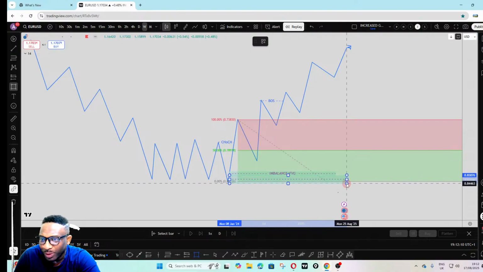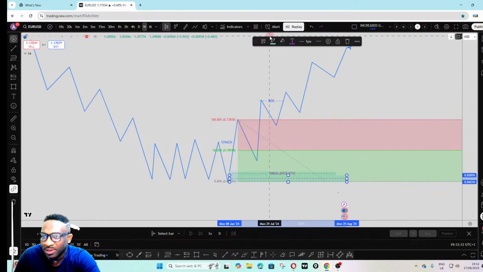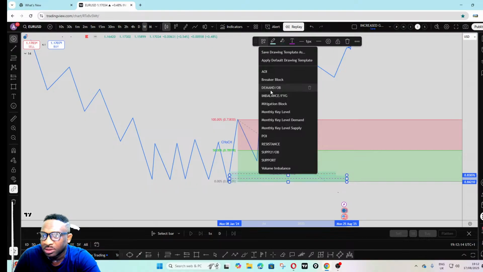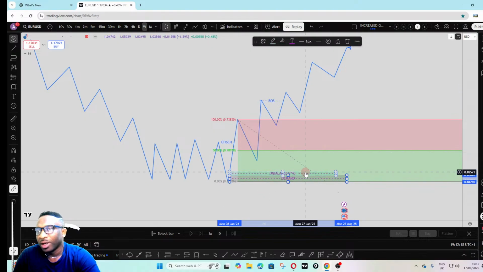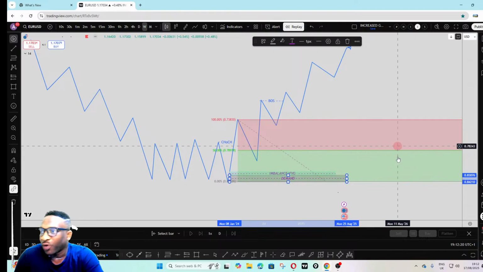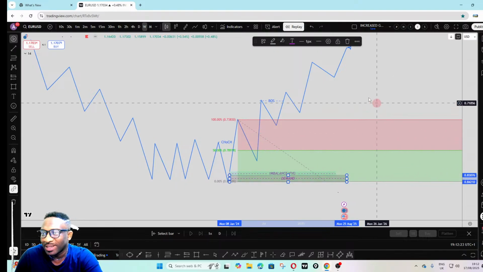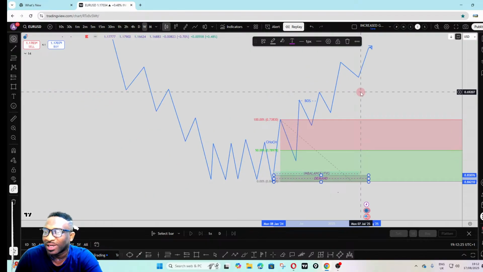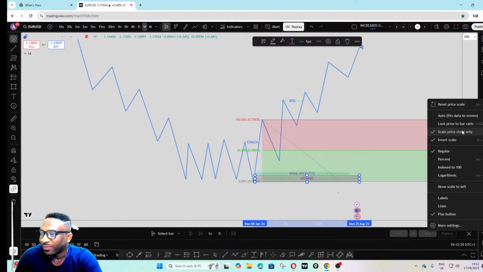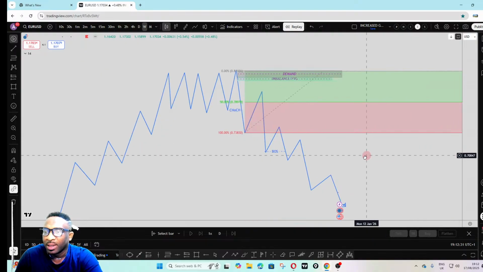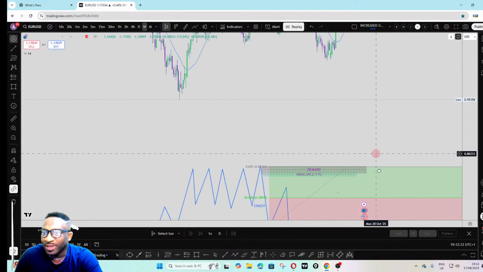Okay, so I believe you've all got the gist of it. Let's move straight into the live charts, the actual charts that we have. All right, enough of this illustration.